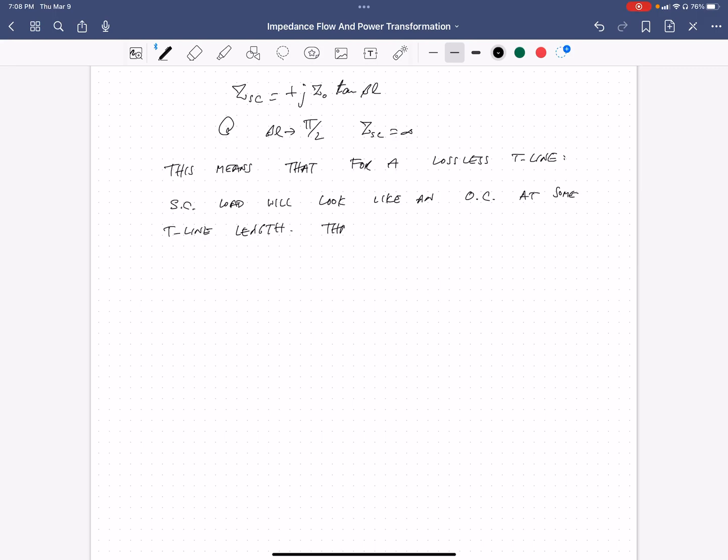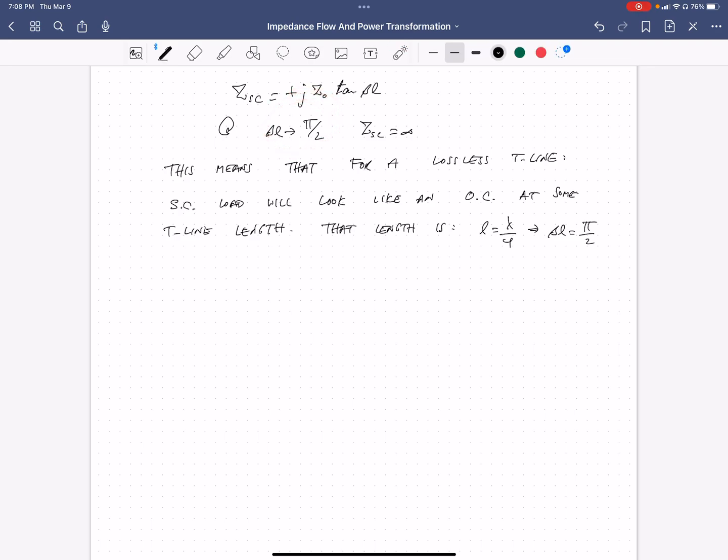And that length is lambda over 4, because that's for beta L equal to pi over 2.